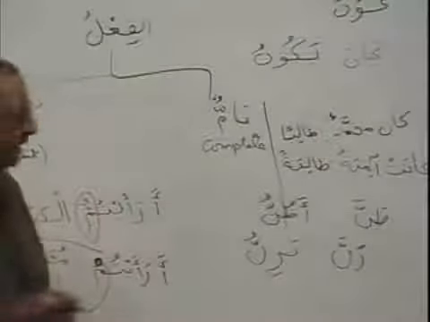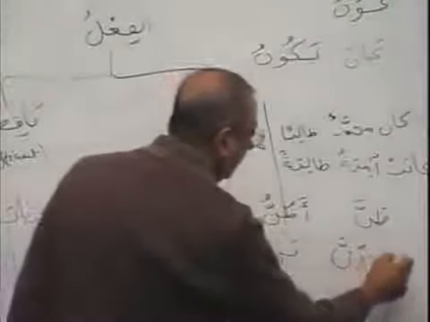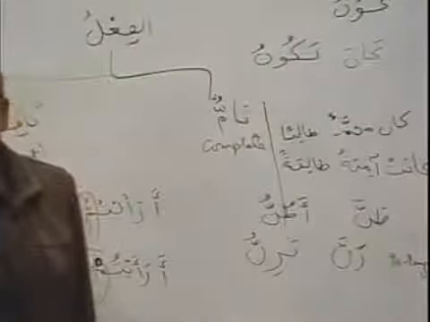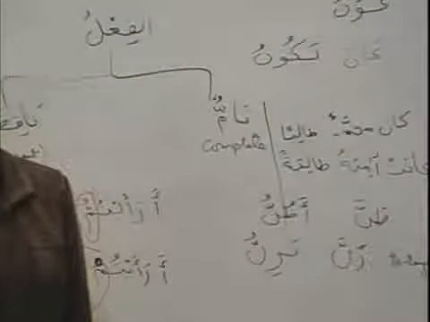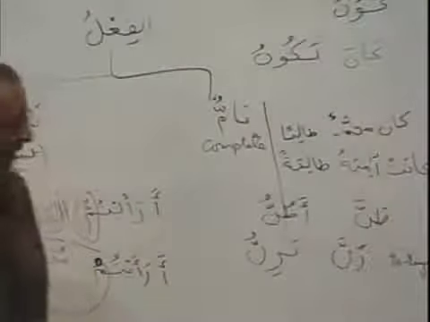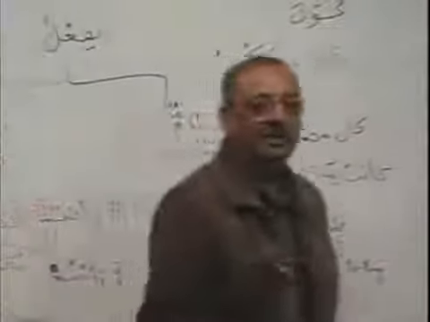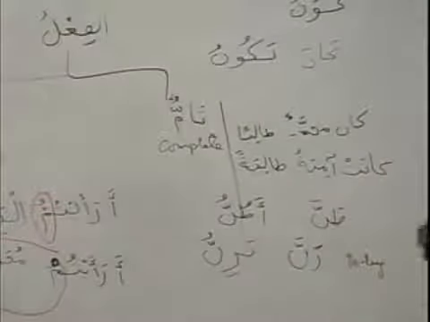Are you with me? To ring, or you can say to sound. The bell sounded. To sound or to ring. The telephone bell rings, the doorbell rings, or the doorbell sounds. Are you with me, brothers and sisters? Okay. Yarinnu is mudari'a. What is madi? Ranna. You just keep it there in your book.